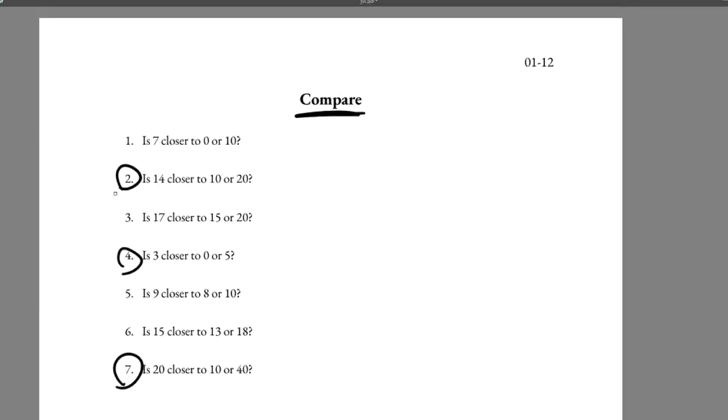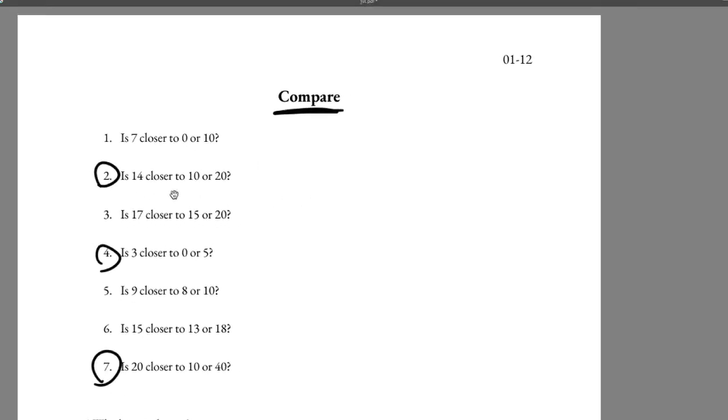So the second question is asking us if 14 is closer to 10 or 0. Now we can use something called the number line, which is pretty handy in these situations. The number line looks like this, and it's just a line going infinitely in both directions, but we just represent that with arrows. And since it's a number line, it's got to have numbers on it.